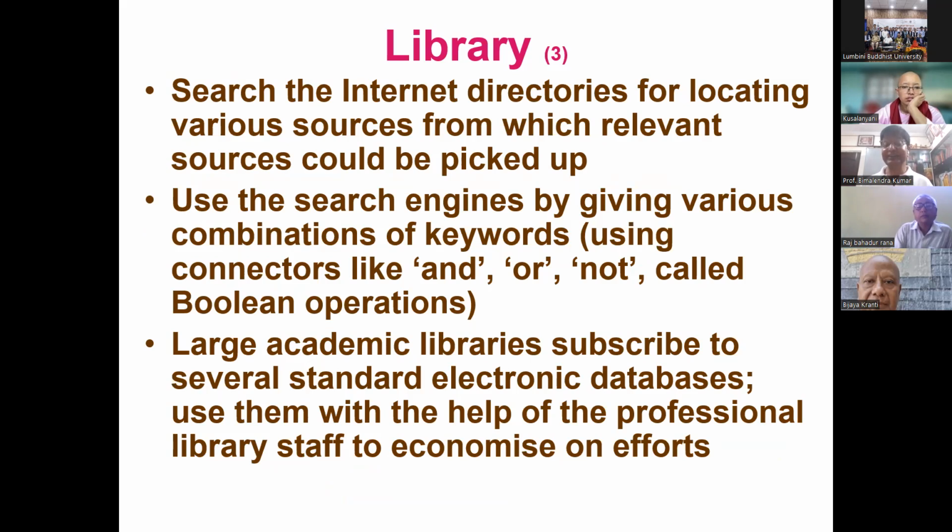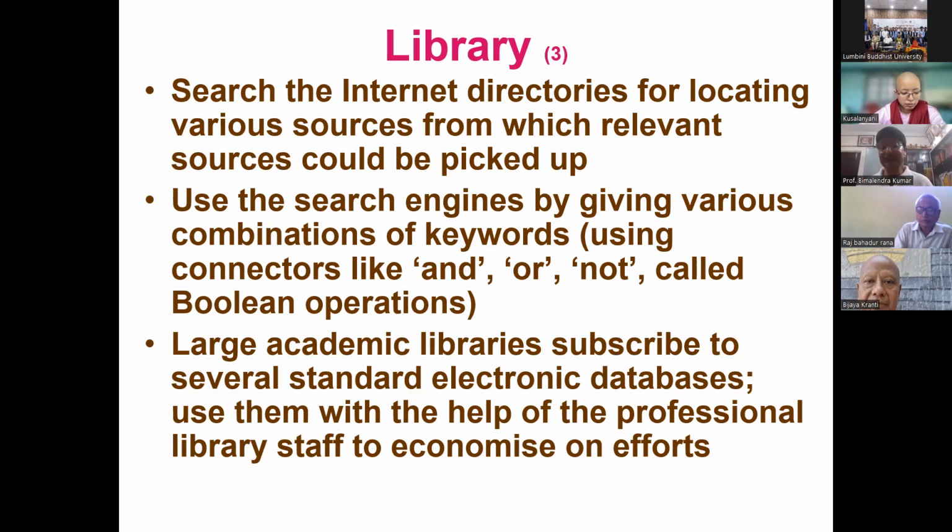Search the internet directories for locating various sources from which relevant sources could be picked up. We are not aware of our original sources or primary sources. We can get them from the internet or Google, and then we can find out the original sources.